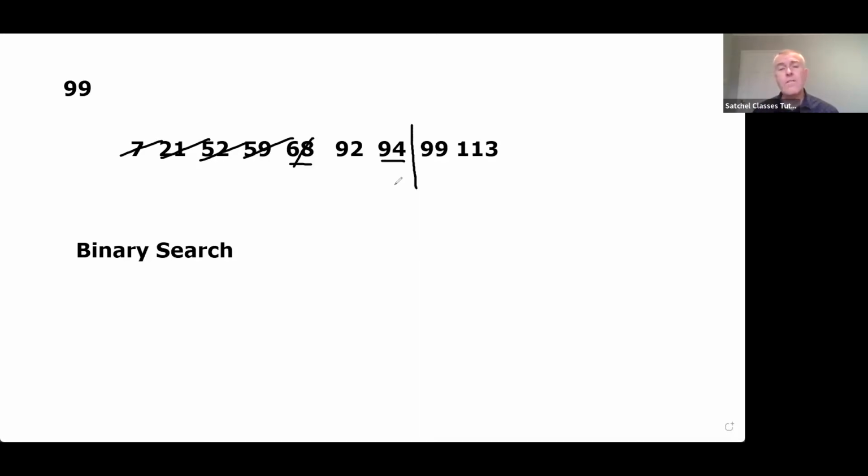Is the number we're looking for higher or lower than that middle value? Again, 99 is higher, so we can remove the half that we don't want, and we're gradually narrowing down that list until we're able to land on the number we're looking for. So that's a binary search.